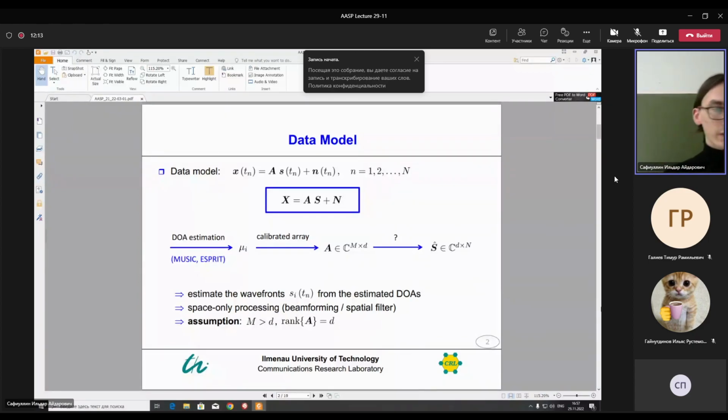We can use the MUSIC algorithm, ESPRIT-type algorithms, for example, MVDR or periodograms. Then, based on these spatial frequencies, we can calibrate our array. So we will have this matrix A calibrated to our spatial frequencies for these sources. And then the main thing here: how we can estimate the signals. So, estimation of matrix S.